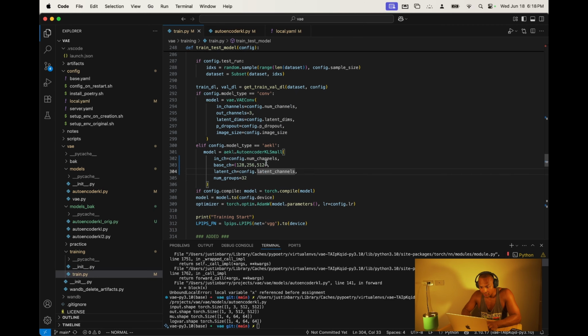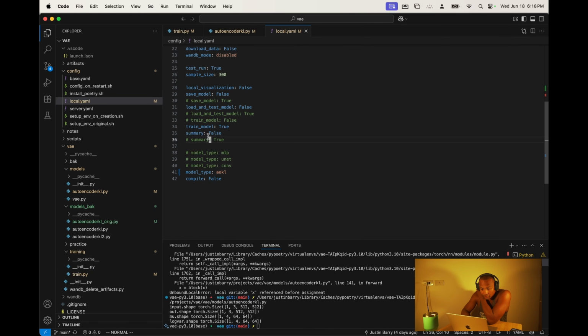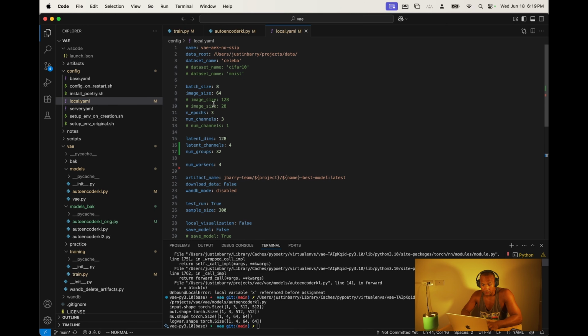And channels are going to be 3, of course. Base channels, we've already gone over that. Summary, false. Train model, true. Save model, false. Load and test model, false. AutoencoderKL compile, false.